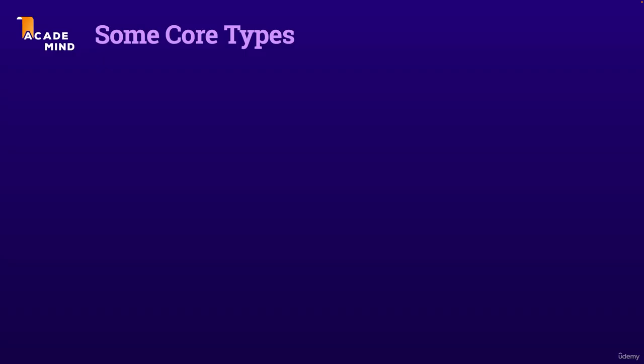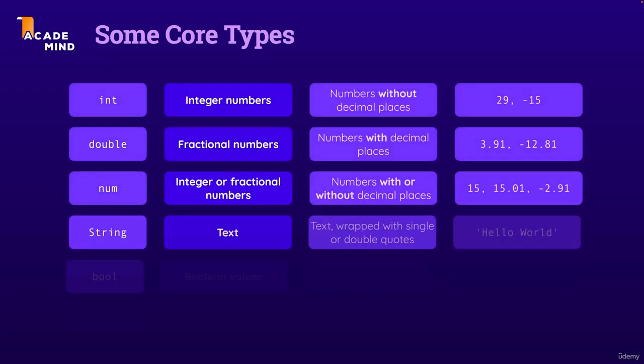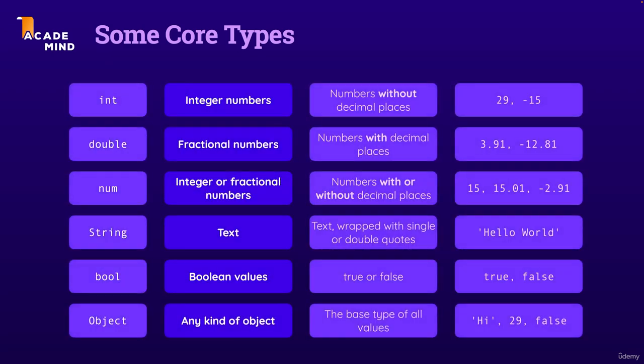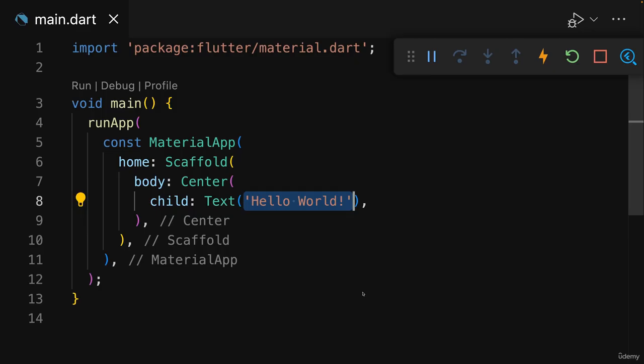Now, as mentioned, you can build your own types, and you also get many types from third-party packages, but Dart also ships with many built-in core types. Of course, you might not understand all of them just yet. You will see all of those and many more in action throughout this course, though. For the moment, the most important takeaway is that this types feature exists so that you can't work with the wrong types in the wrong places.